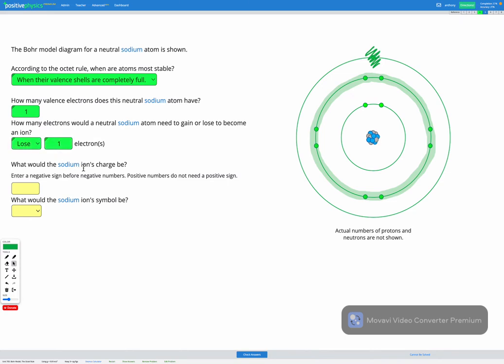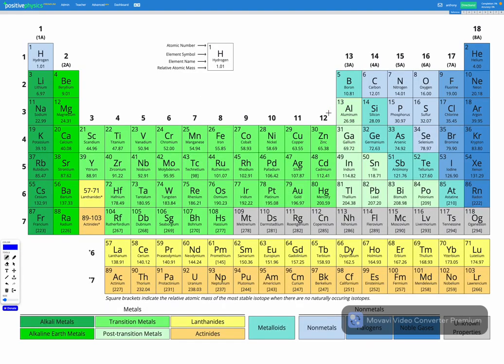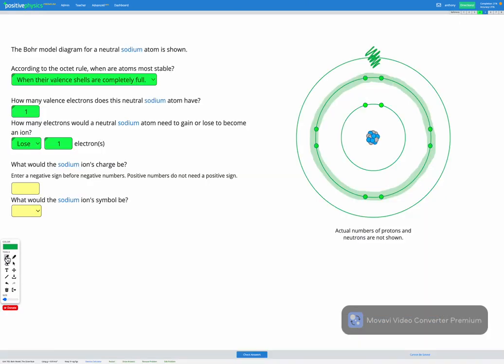Okay, now we're asked, what would the sodium ion's charge be? So in this question, we've lost 1 electron. Now let's just check on our periodic table here. Sodium, right here, has an atomic number of 11. That means it has 11 protons. So let's add that on our diagram. We've got 11 protons.